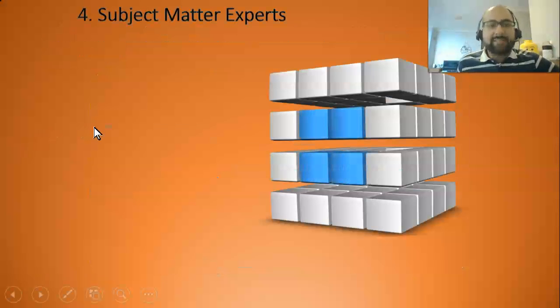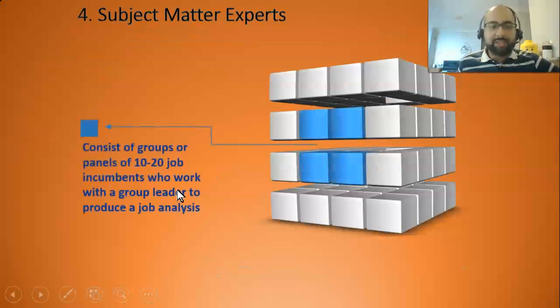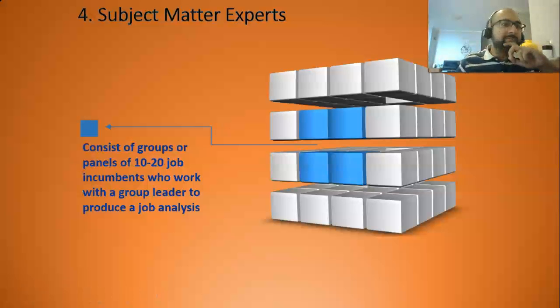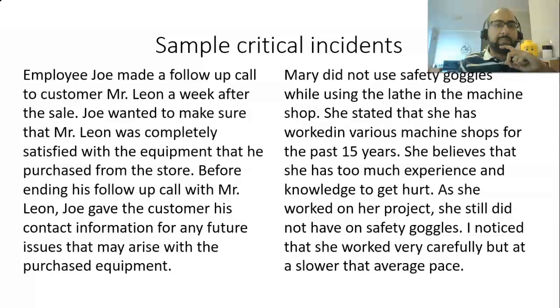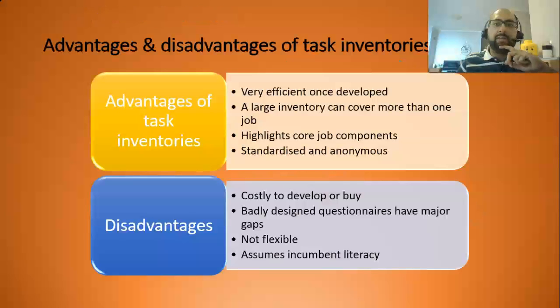Now, lastly, we have subject matter expert panels in which we basically combine all of the three previous techniques. Oh, and I forgot to say, with the questionnaires, let's go back a couple slides. Here we go. The task inventories, like the position assessment questionnaire, often the people selling these questionnaires recommend that you use an interview as well to supplement the information.